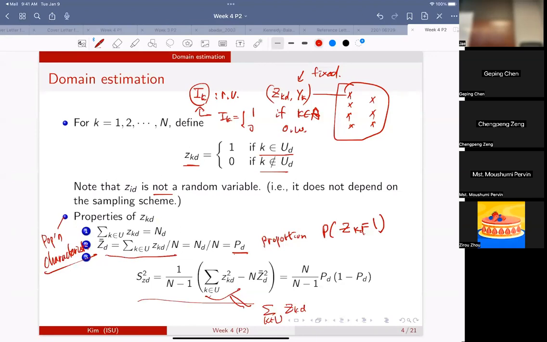And then basically this is N times P_D, and this one is N times P_D². So then N times P_D minus N times P_D², divided by N minus 1, will be something like this. So this is essentially just algebra.